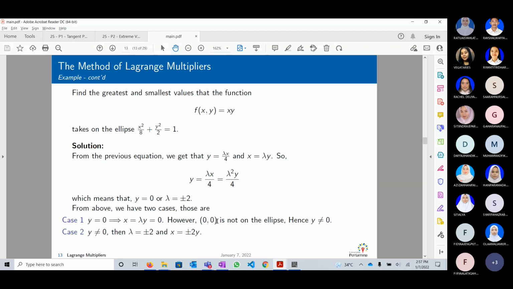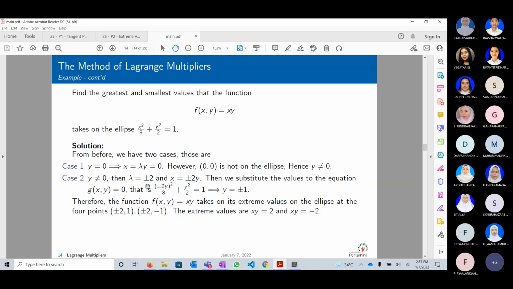Ternyata kita dapat bahwa titik-titiknya adalah x, y-nya adalah ada 4 titik, ya. 2,1, min 2,1, kemudian 2, min 1, dan min 2, min 1. Dan ternyata dari situ kalau kita masukkan ke fungsinya f x y sama dengan x kali y, kita dapatkan bahwa nilai ekstrimnya adalah 2 dan min 2.